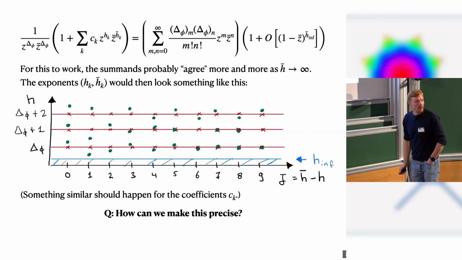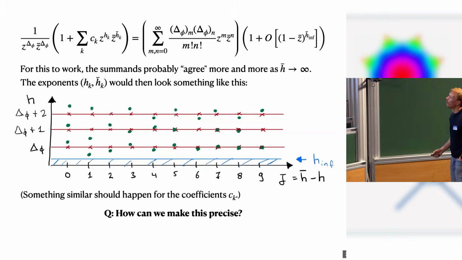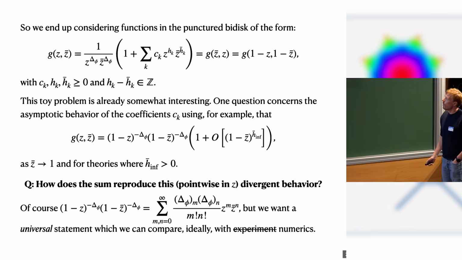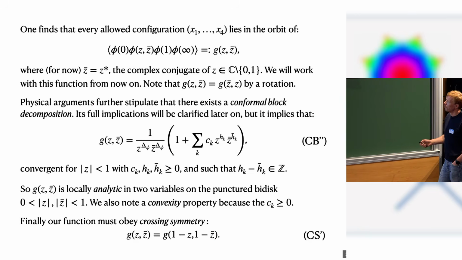On the previous slide, when you said that you can define the analytic continuation of G to independent Z and Z bar, and this was already because... Yes. If you go back further, here, locally analytic in two variables on the punctured disk. So what happens? I make Z and Z bar complex and independent, both modulus less than 1, but I give them independent phases.